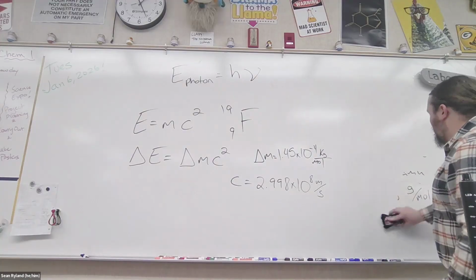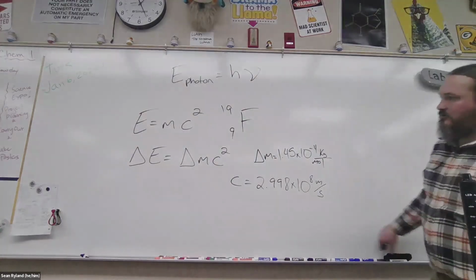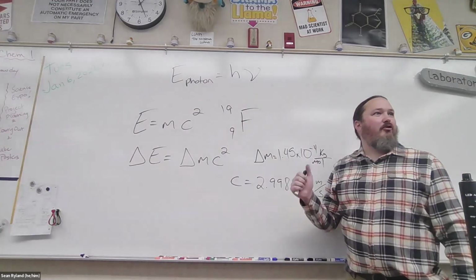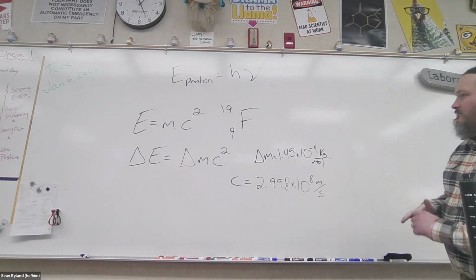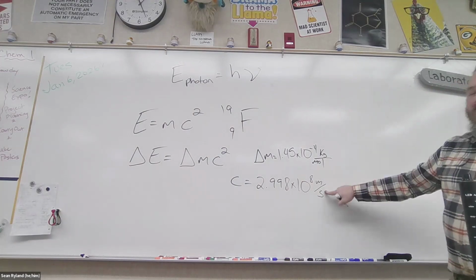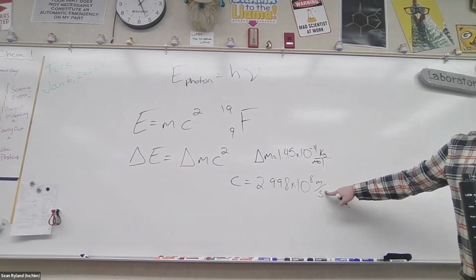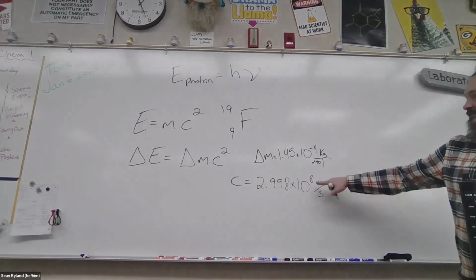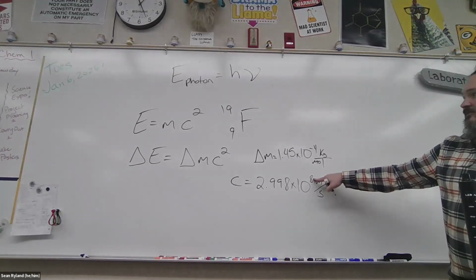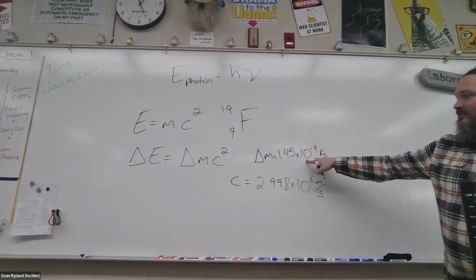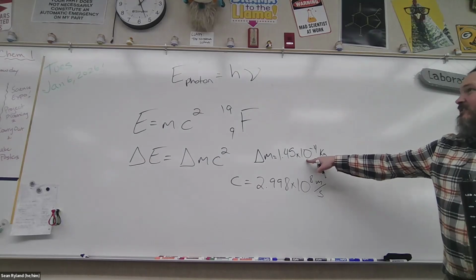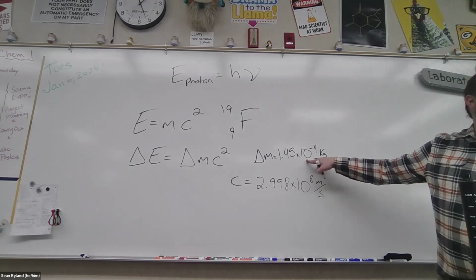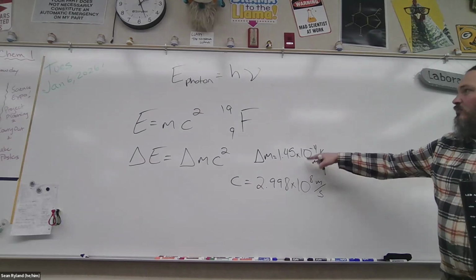So how much energy does it take to hold an entire mole of fluorine atoms together? We're going to square that. So it's going to give us something like 9 times 10 to the 16. We're going to multiply by that. So 10 times 10 to the 12. So it's something like 1 times 10 to the 13. 1.2 or so.